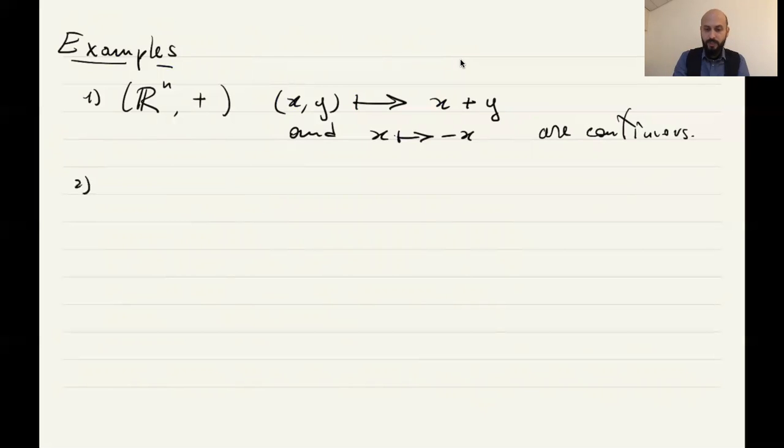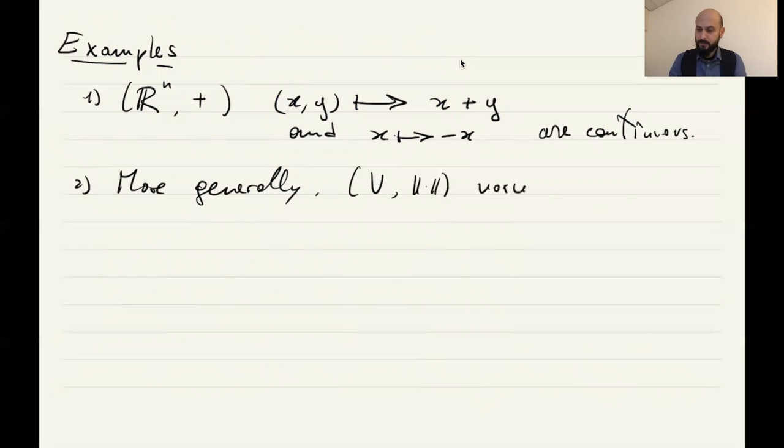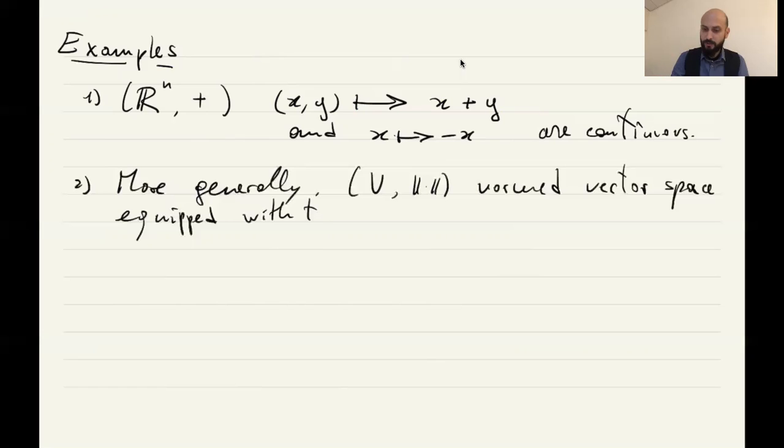Now more generally, if we have a normed vector space, and of course, whenever we have a norm, we equip the vector space with the topology induced by the norm.